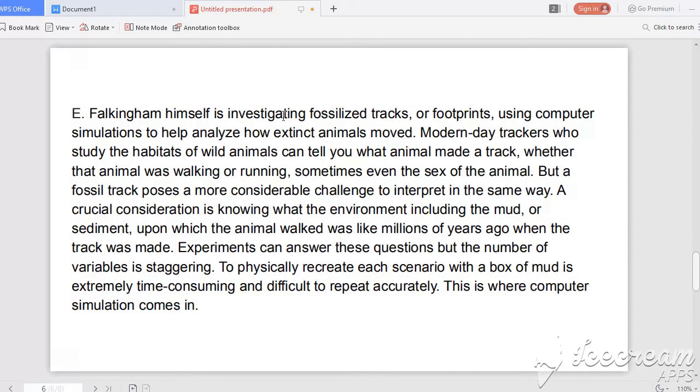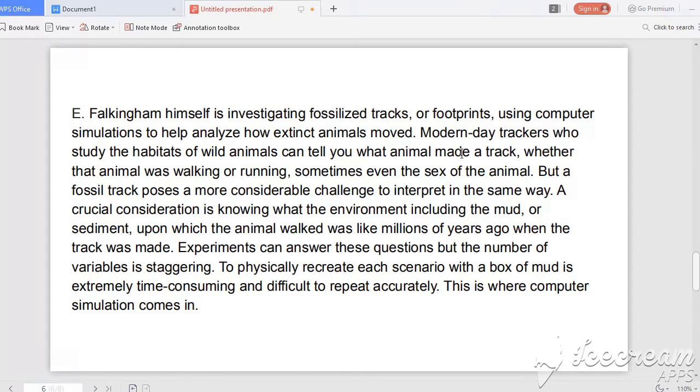Flanking himself is investigating fossilized tracks or footprints using computer simulation to help analyze how extinct animals moved. Okay, so it talks about how animals move. So I think our answer to the fifth question should be somewhere here. Okay, so let's read a little bit more.